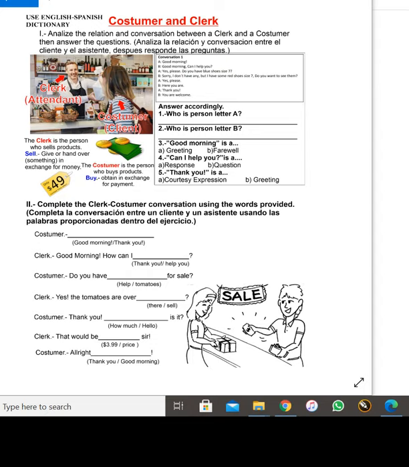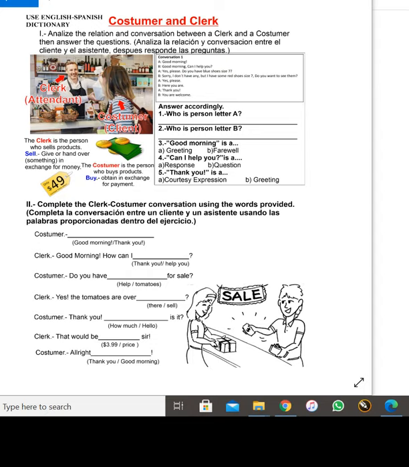Usually, when you say you are welcome, it's after somebody says thank you. So if you say thank you, expect that somebody else who you told thank you to give you a you are welcome courtesy expression back.